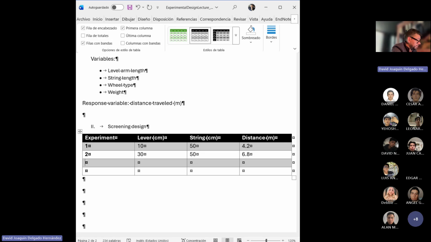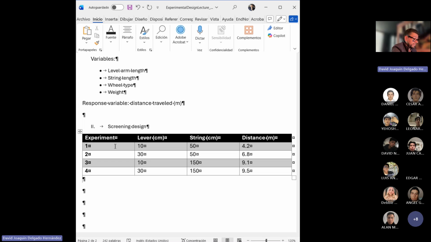In the third experiment, you have again 10 centimeters for the lever arm length. Now you have 150 centimeters of the string, and now the distance is 9.1. And finally, you have a fourth experiment where you have 30 centimeters in the lever and 150 in the string, and you get a distance of 9.5 meters, okay?